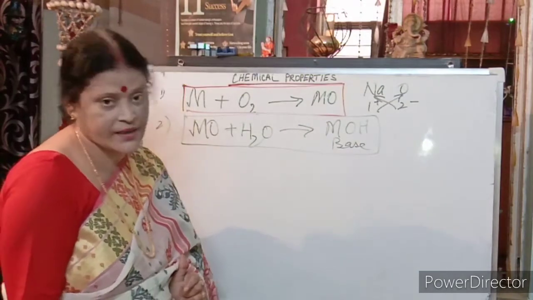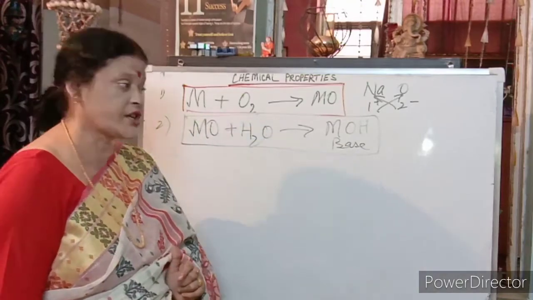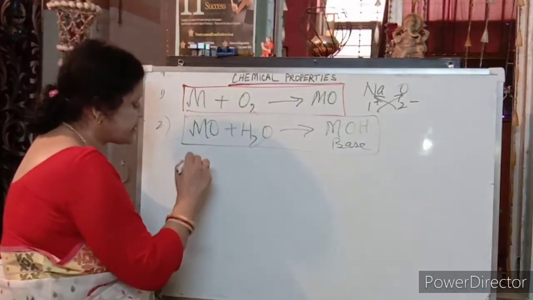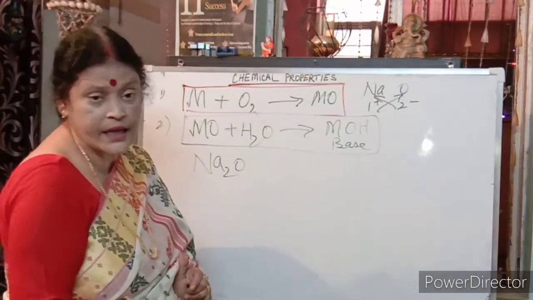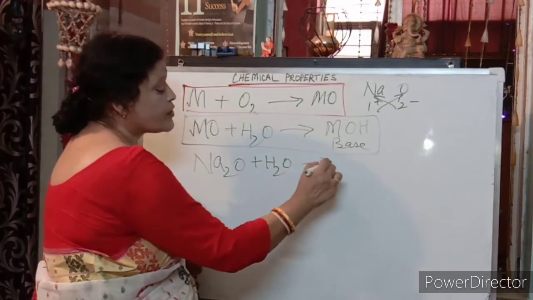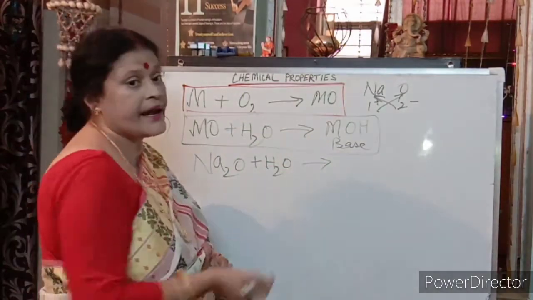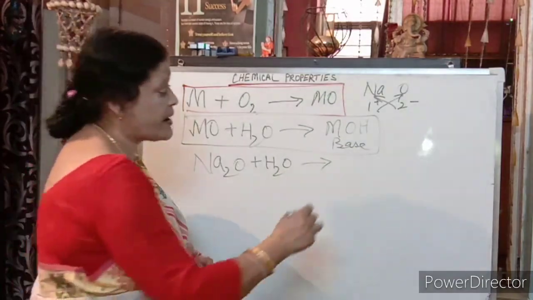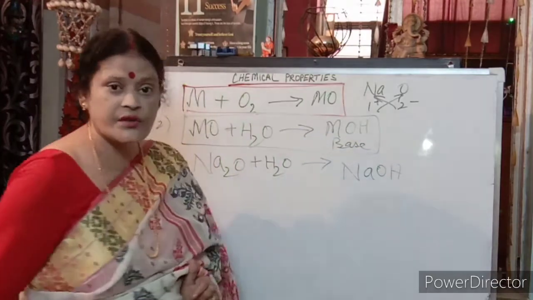MOH: OH means base. I already told you about this in the acid, base and salt chapter. For example, if I say Na2O, or any metal oxide, plus water, what is formed? MOH, that means simply NaOH, Na+ and OH-. It will form sodium hydroxide, which is a base.